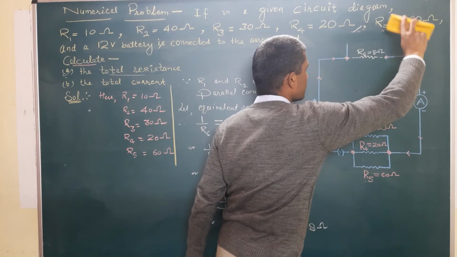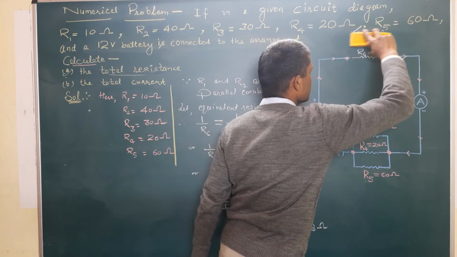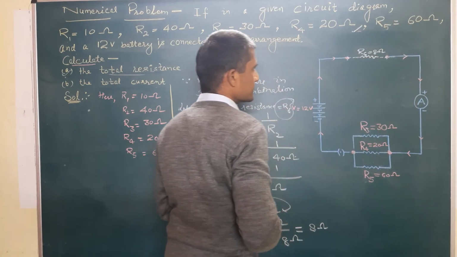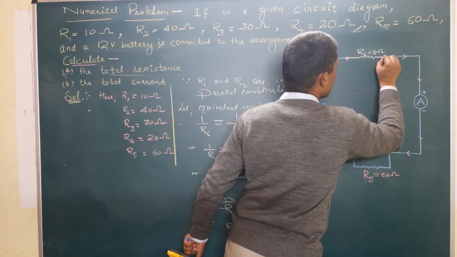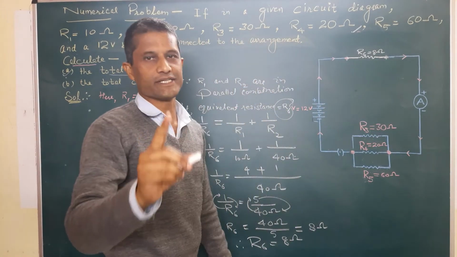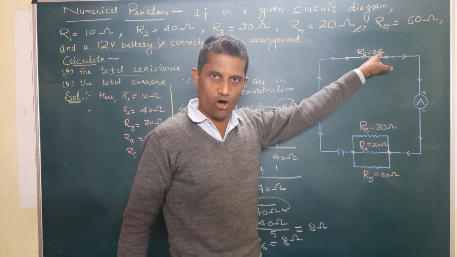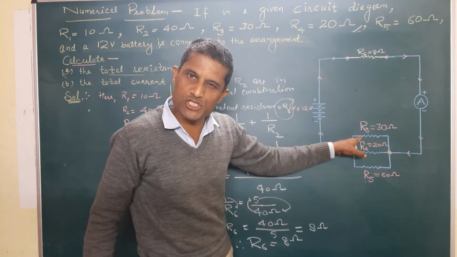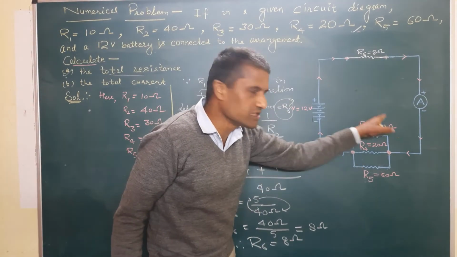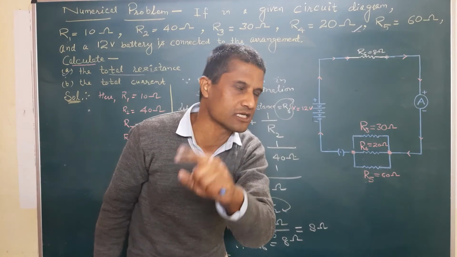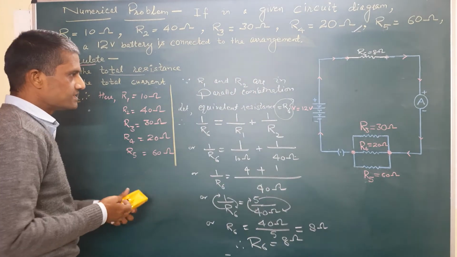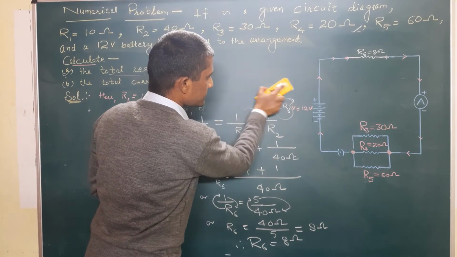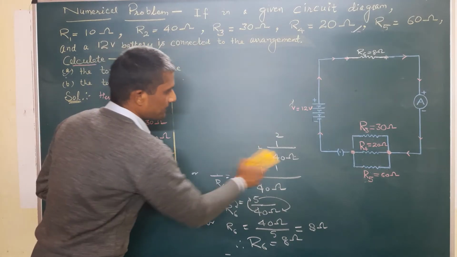Now you can see the simplicity in this very circuit diagram. Earlier we had two resistors over here, and now we have created one resistor. R6 is equal to 8 ohm. The same operation is going to apply over these three resistors to get one resistor. Yes, this is the first part.